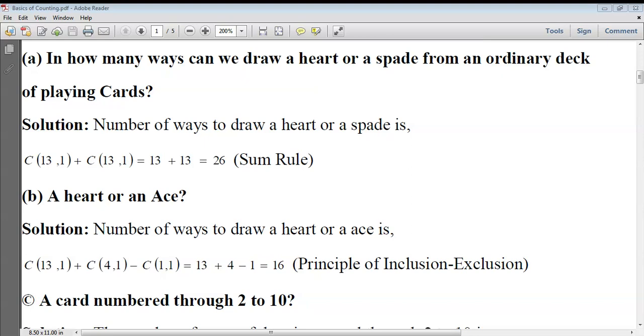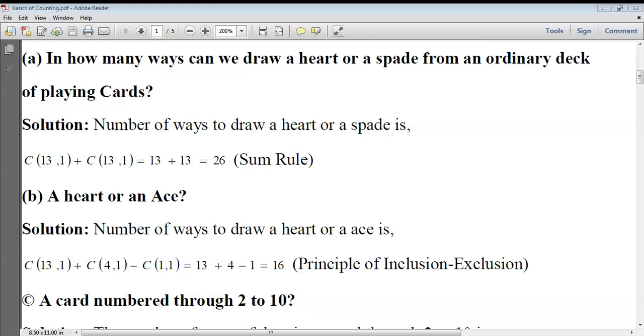He is asking about hearts and spades. So there will be 13 hearts and 13 spades. So the number of ways will be 13c1 plus 13c1. It will be 13 plus 13 and it is equal to 26.